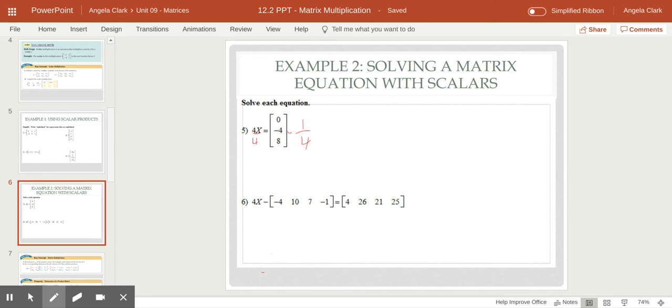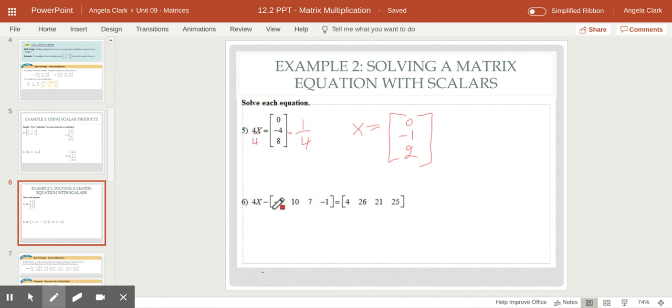And then I will have x on this side. So I'll have x equals, and then I just have to divide everything in here by 4. So that's 0. Negative 4 divided by 4 is negative 1. 8 divided by 4 is 2. So that would be my answer there.